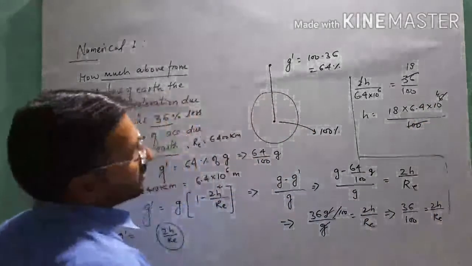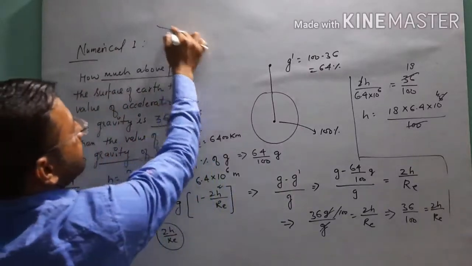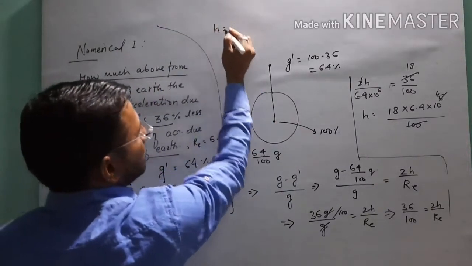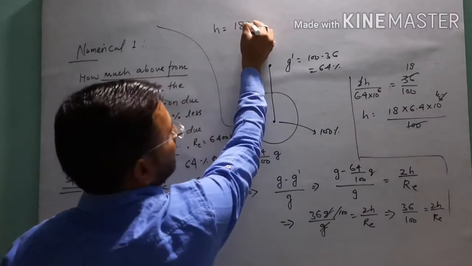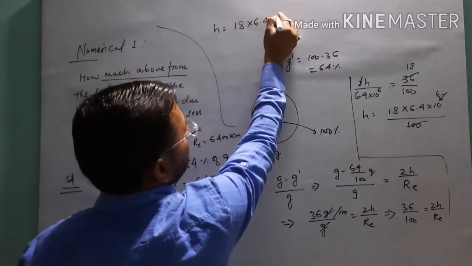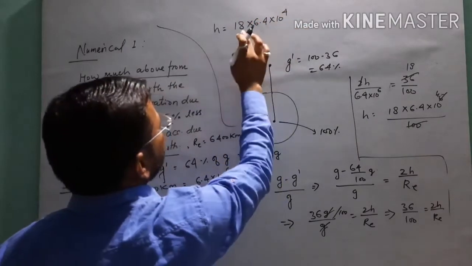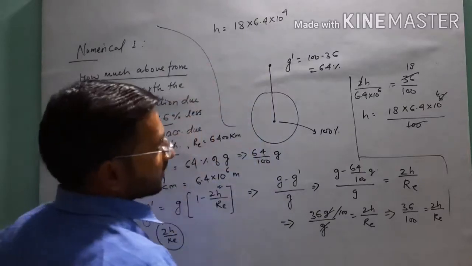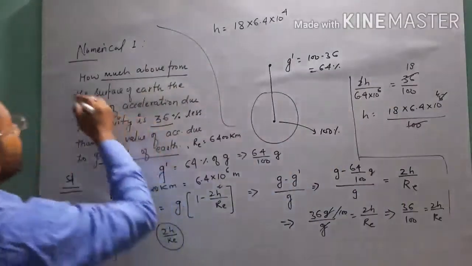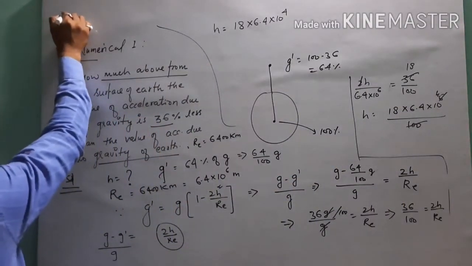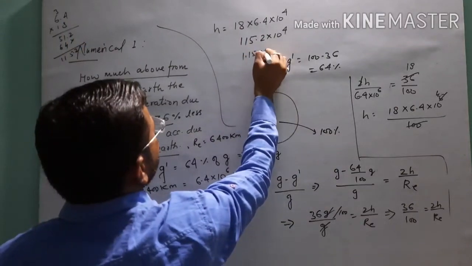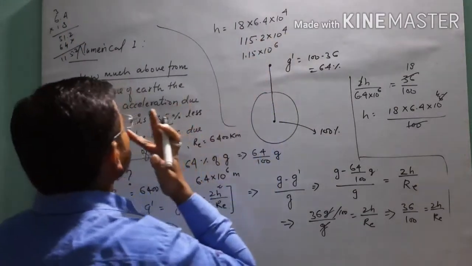Point clear? So the value is h is equal to 18 into 6.4 into 10 raised to the power 4. Now multiply this value and you can get the answer, 1.15 into 10 raised to the power 6. Point clear?